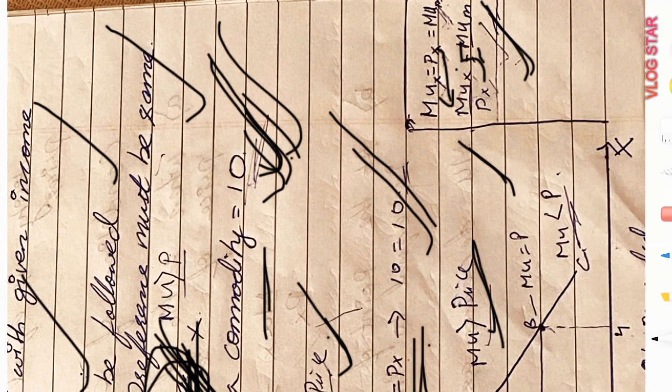MUX upon PX is equal to marginal utility of money. Please note this, because you'll need it in the next part.